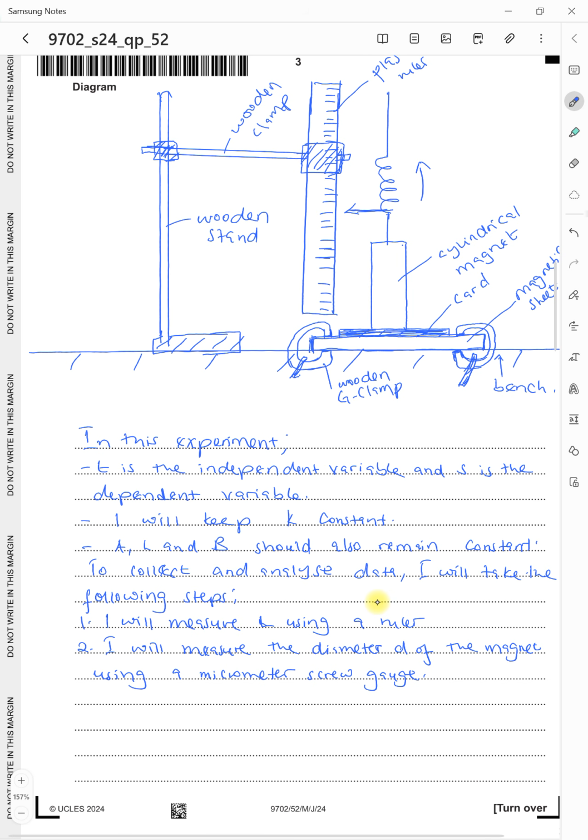And of course, I will repeat measurements of D at different points along the cylinder and obtain the average value of D.